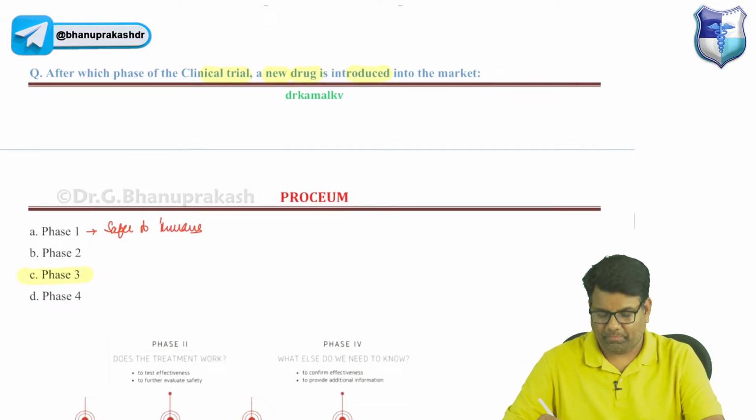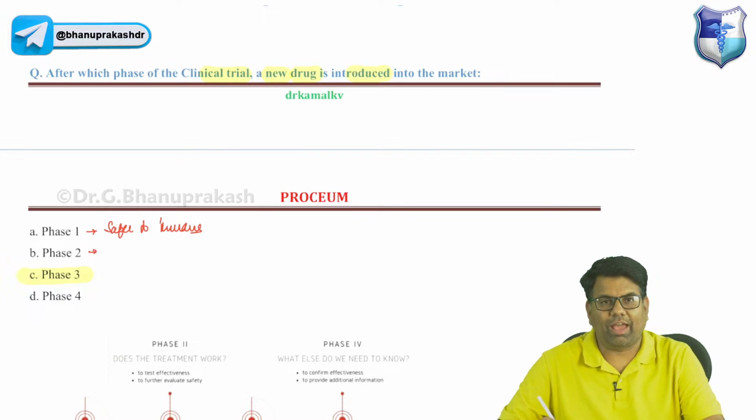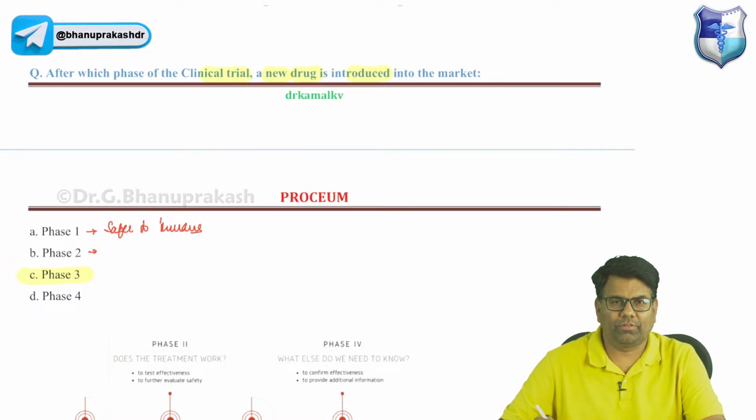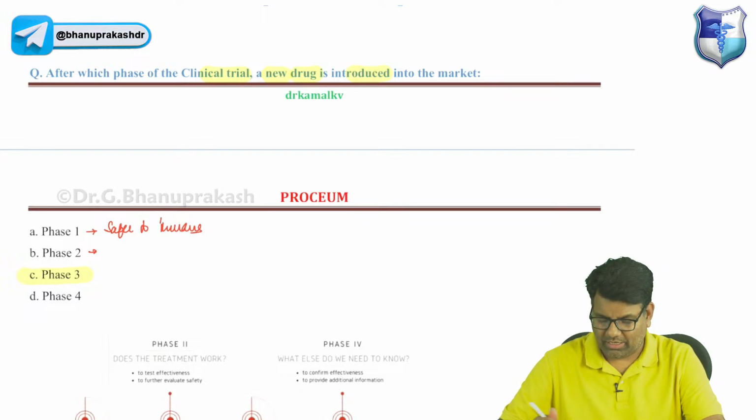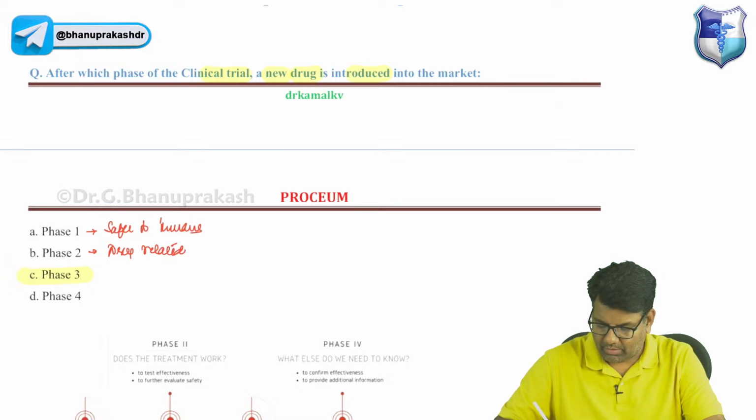In phase 2, once we are very sure that the drug under consideration is safe for humans, we move on and try to evaluate the drug in terms of efficacy, potency, and all other drug related studies.